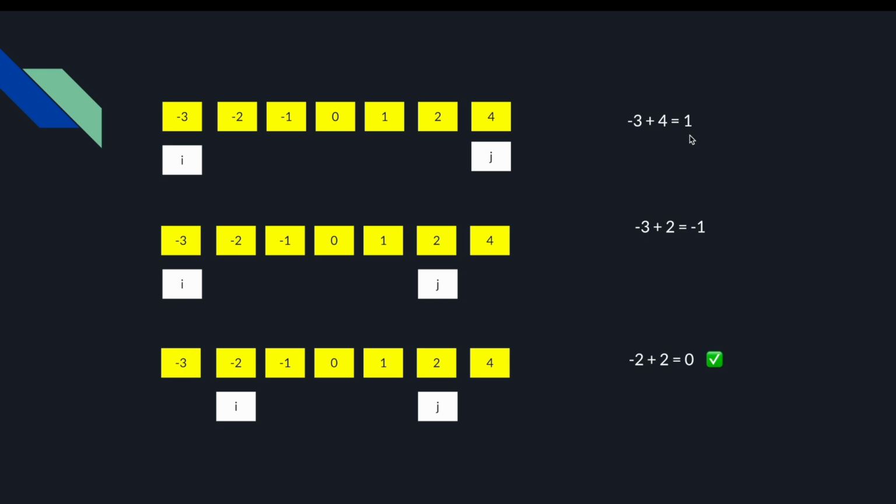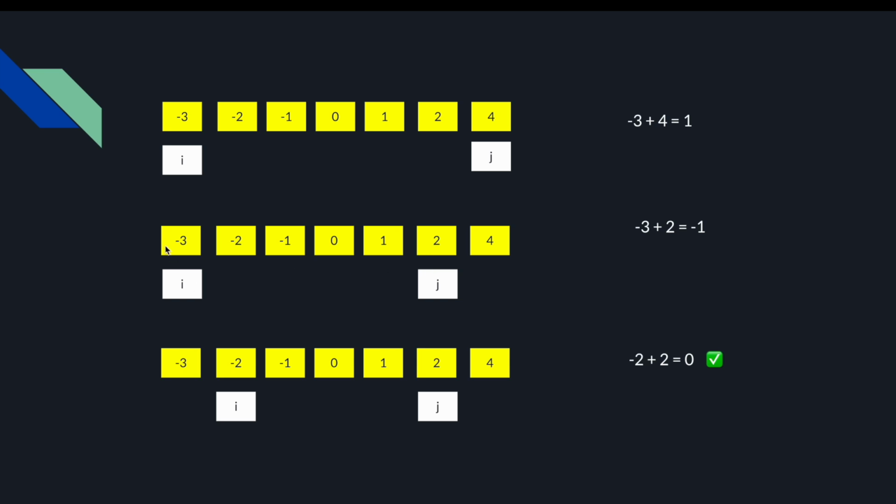As we know 1 is greater than 0, meaning the positive value is greater here. We need to reduce our positive value. So we will move our j pointer to the next positive value, that is 2 here, which means we are moving from the 6th index to the 5th index.